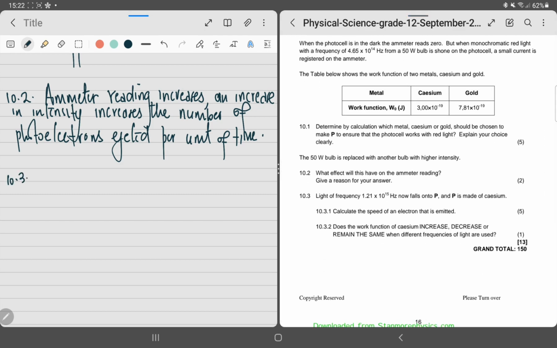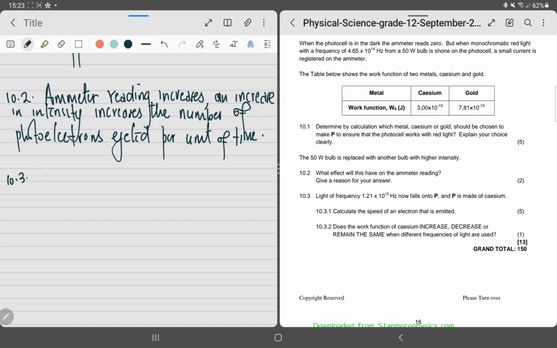10.3. They say light of frequency 1.21 times 10 to the exponent of 15 hertz now falls onto P and P is made of cesium. Calculate the speed of the electron that is emitted.